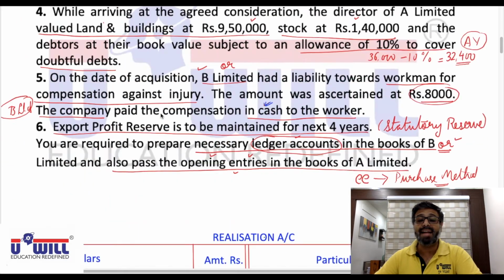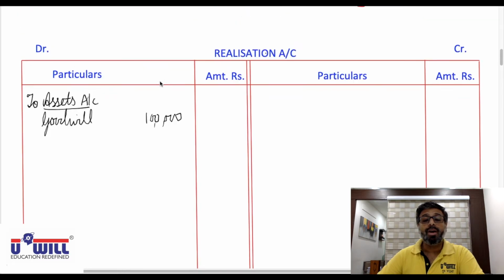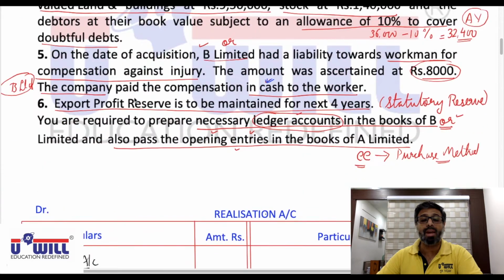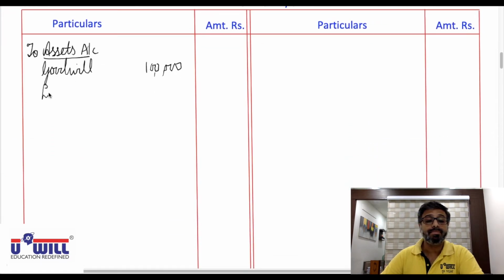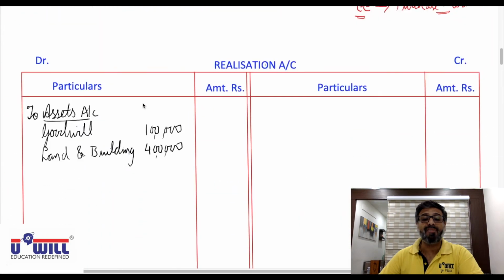So goodwill 1 lakh. In first 6 entries take only balance sheet values, book values, BV. Land and building 4 lakhs. Then plant and machinery 2,40,000.